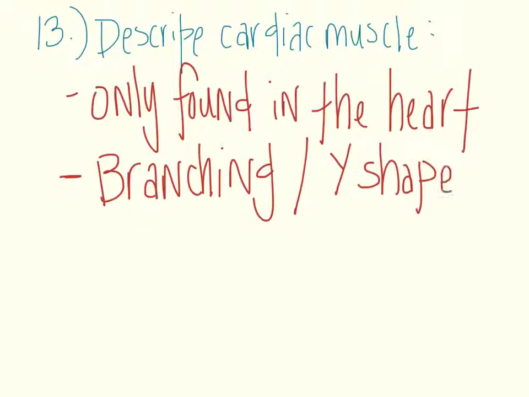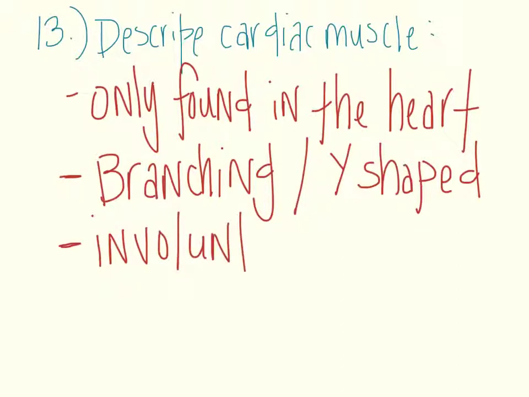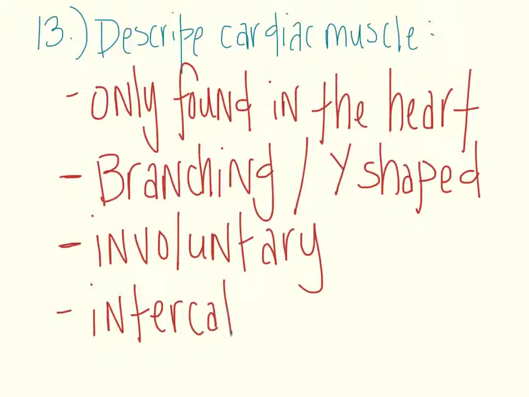It is involuntary. Luckily, you don't have to think about it. It automatically will contract. It'd be terrible if you had to think about contracting your heart muscle all the time. And the other thing that it has that's kind of interesting is it has intercalated discs.